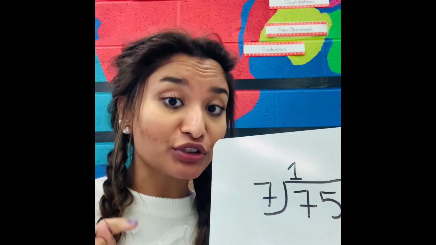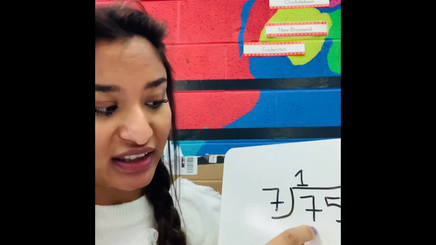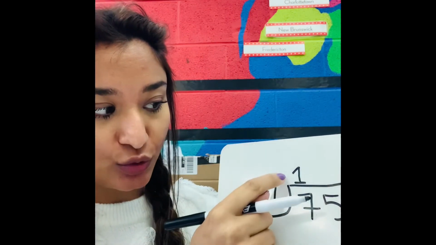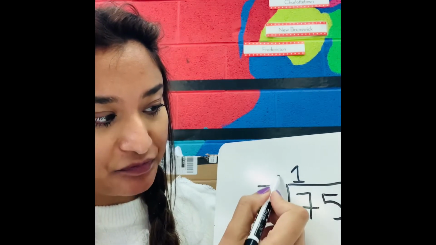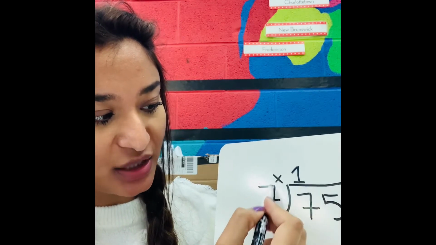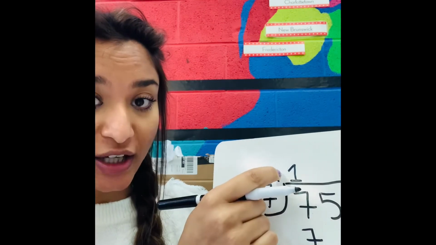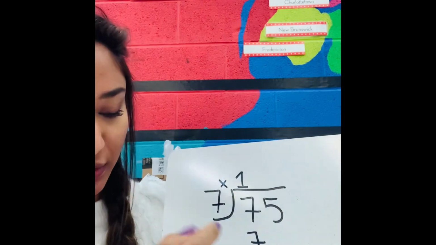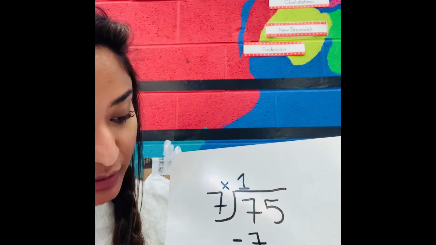Whole numbers go up on the top, and our multiples go at the bottom. I used my whole number 1 to make 1 7, so 1 times 7 gives me 7. My whole number went up, my multiple came down. Then I subtract, and I'm left with a 0.